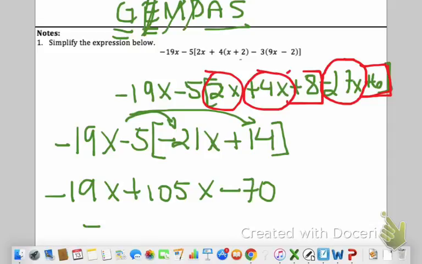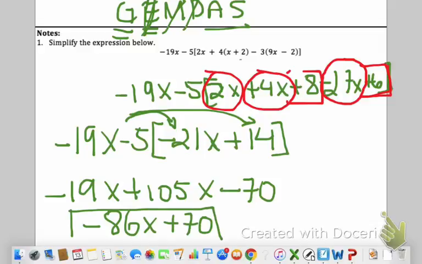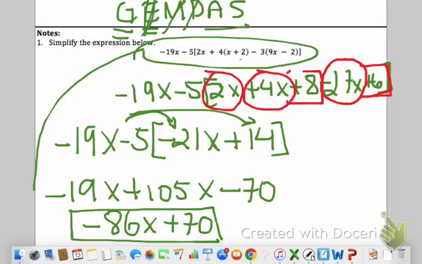And the result is -86x plus 70. And this is our final answer. So we've gone from this really long expression to this simplified version of it by following the order of operations.